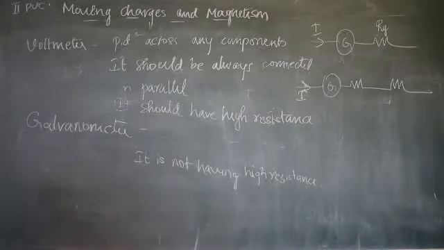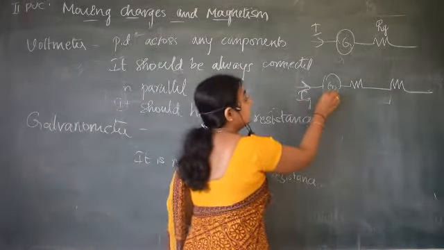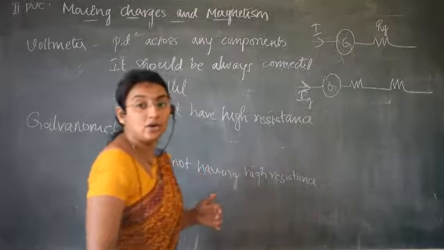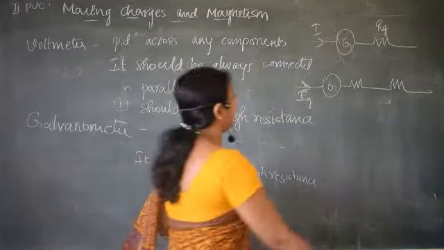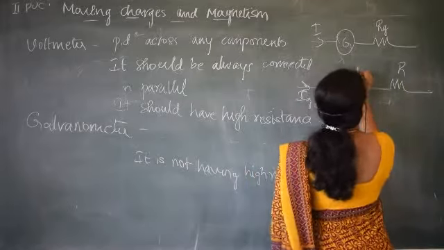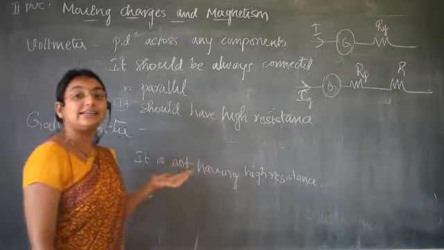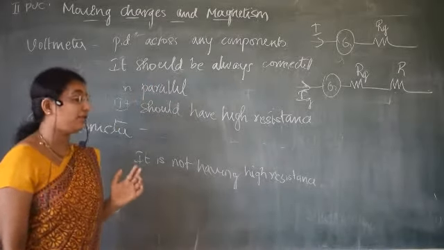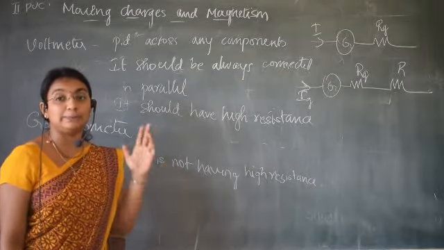The current through the galvanometer is Ig, and the same current will be seen here also. So the high resistance value, capital R, should be connected in series. In series, Rs is equal to R1 plus R2.